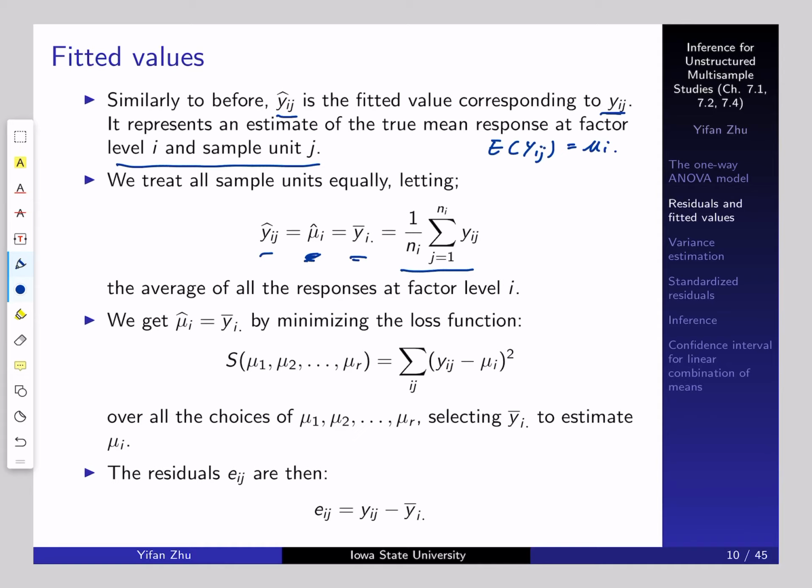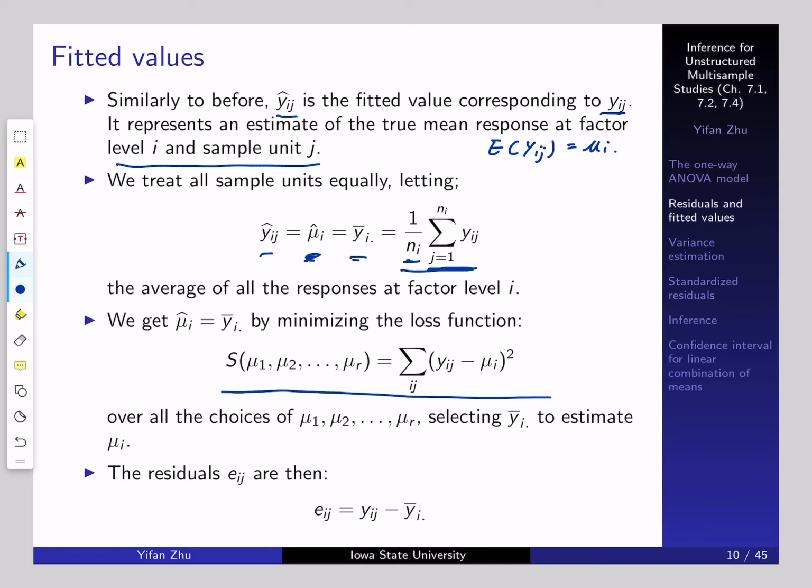So we sum over Yij for j from 1 to ni, and divide the summation by ni, the number of observations at level i. And this is actually obtained by minimizing this loss function.